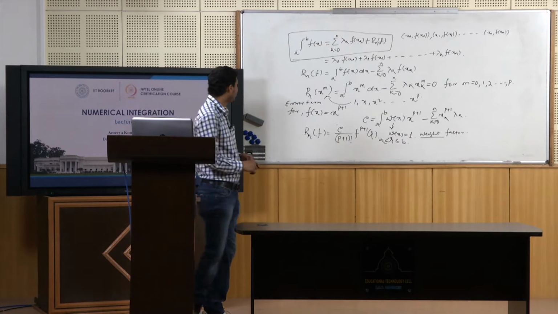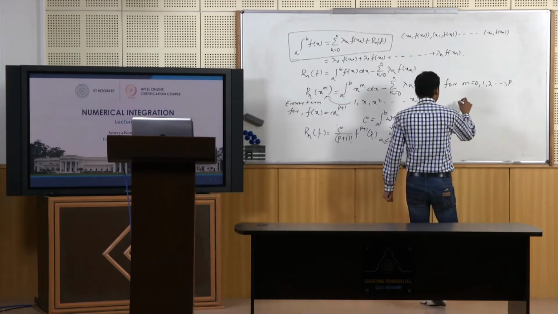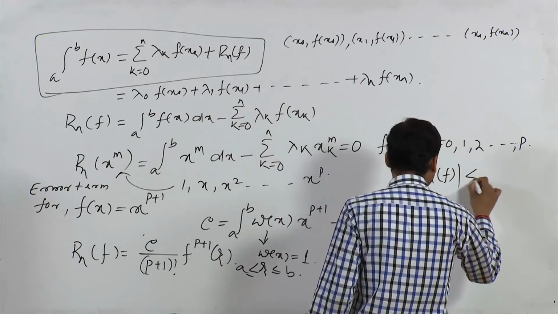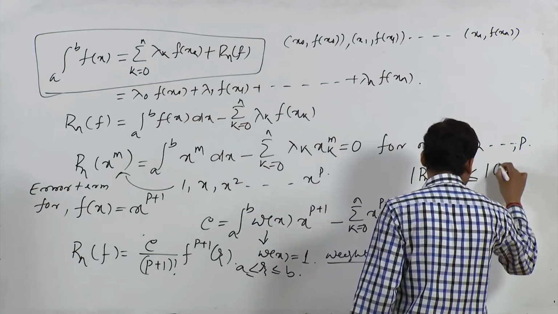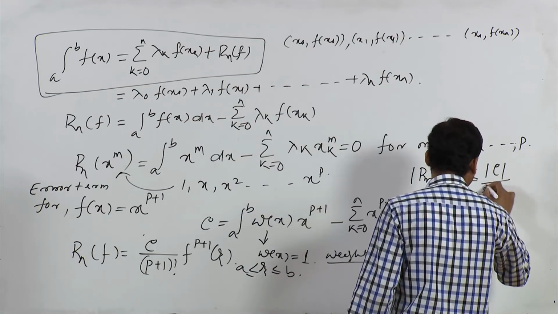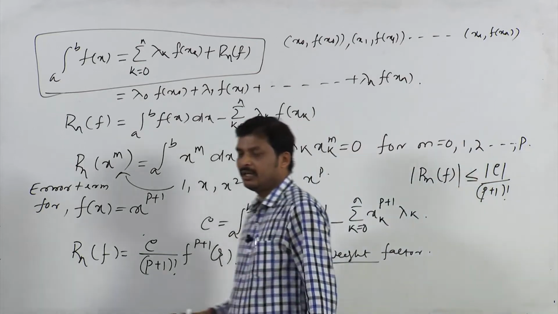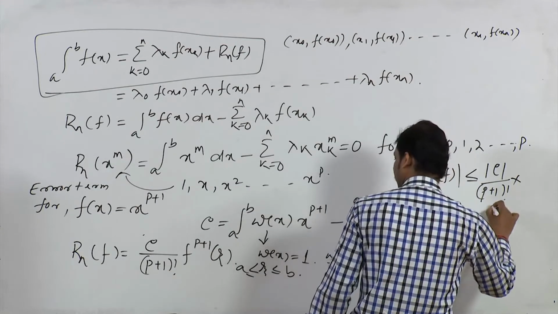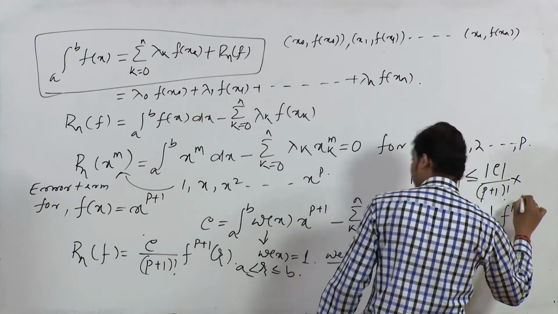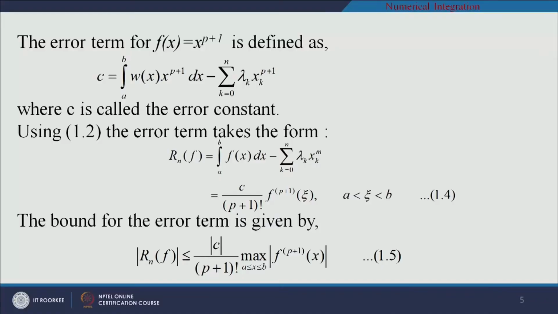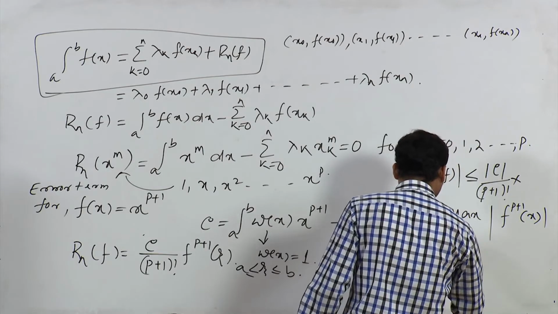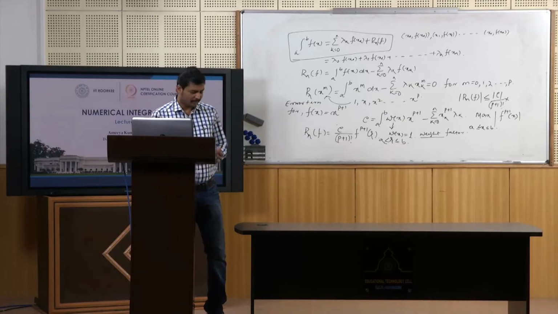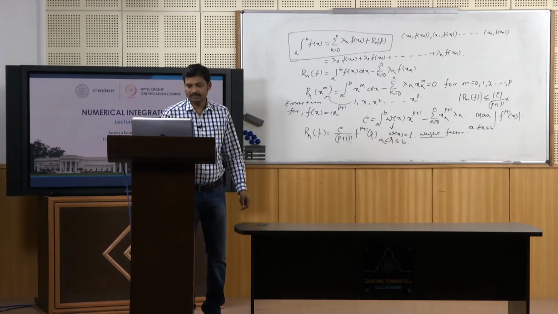And if we want to find the bound for this error term, we can find the absolute error, which should be less than or equal to the absolute value of C by (p+1) factorial, times the maximum of f^(p+1)(x) for x lying between a and b. This completely defines the bound for the error term.